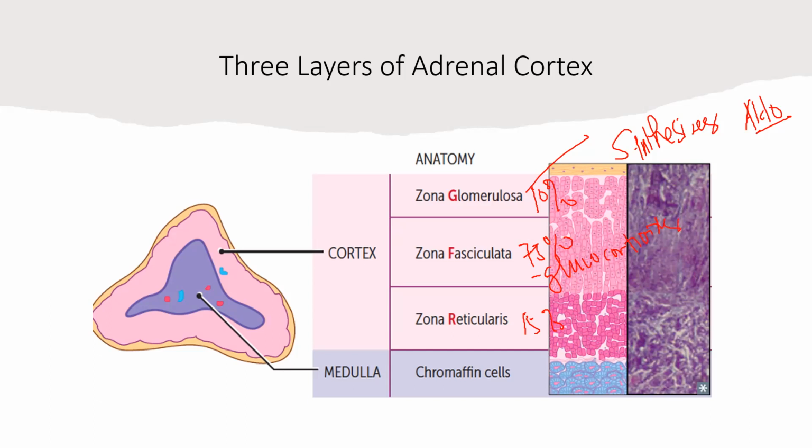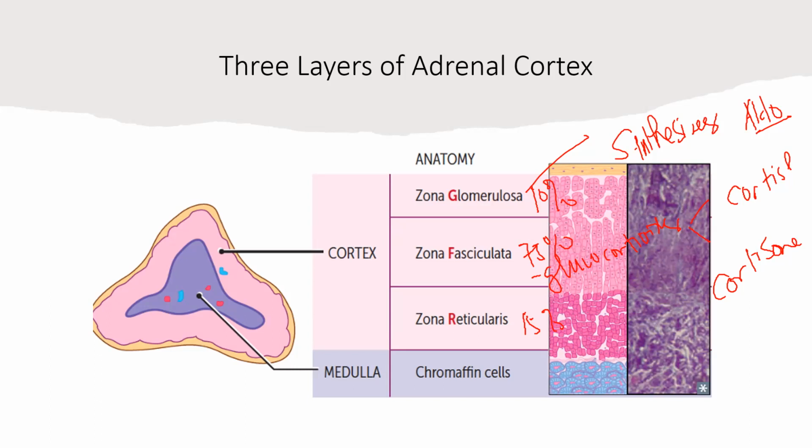Having said that it is responsible for the synthesis of our glucocorticoids, these glucocorticoids are no other than your cortisol and of course our cortisone. Now remember guys that glucocorticoids, cortisol and cortisone are all critical for blood glucose homeostasis and even blood pressure.